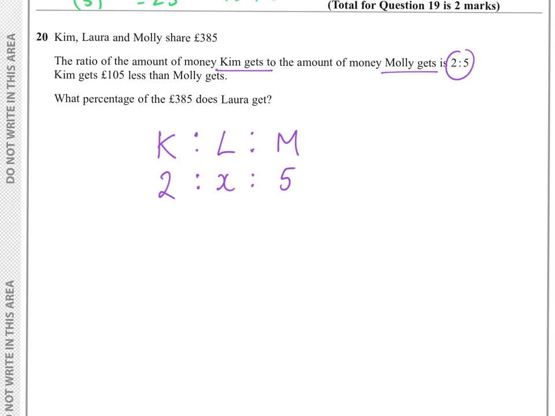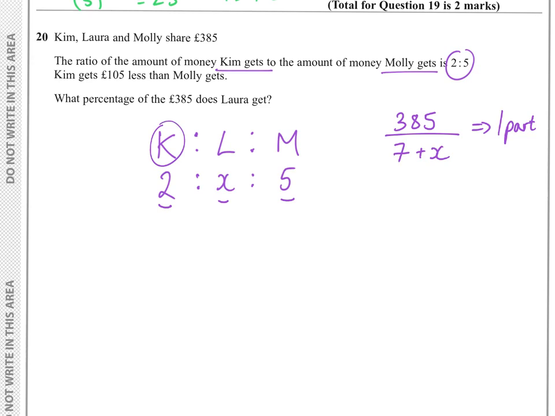And all these parts added up to 2 and 5, which is 7 + x. So we had 7 + x parts, and we have to divide that 385 by those parts, and that would be 1 part.